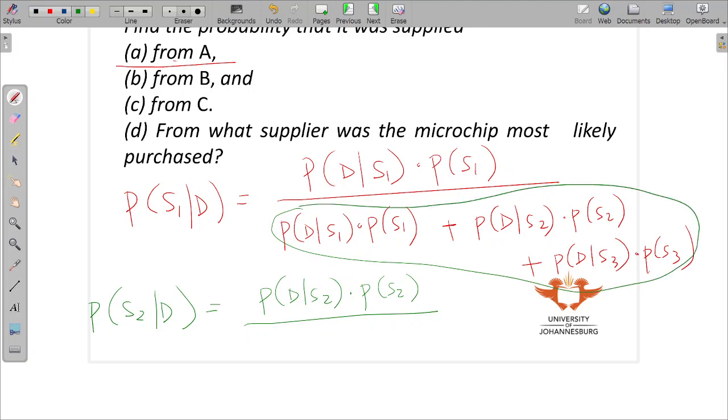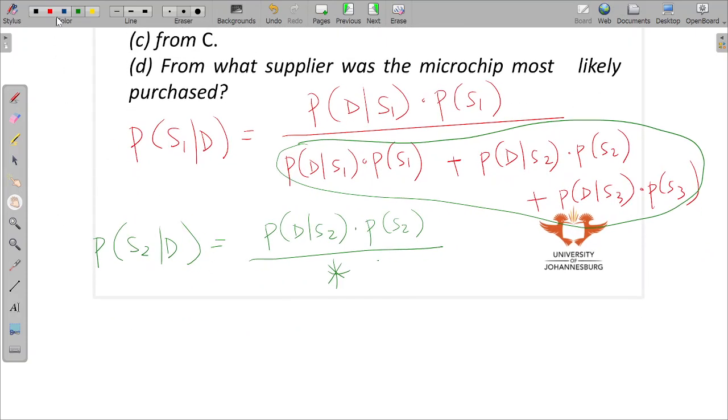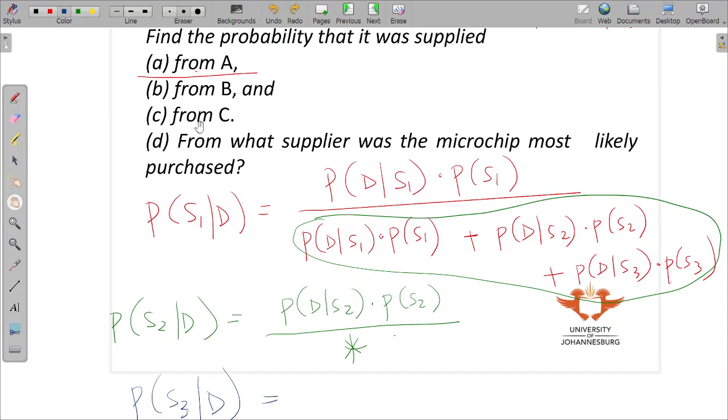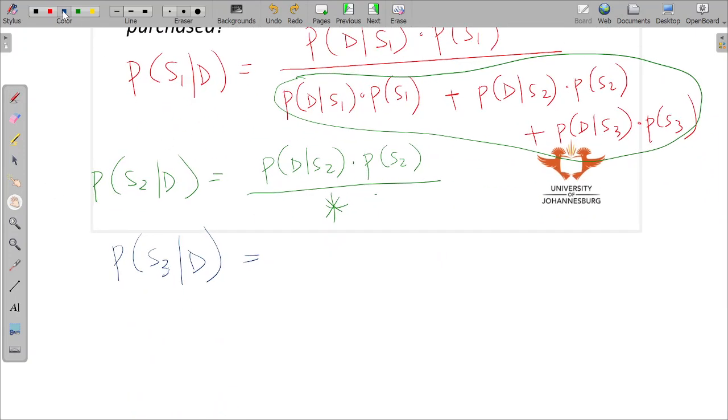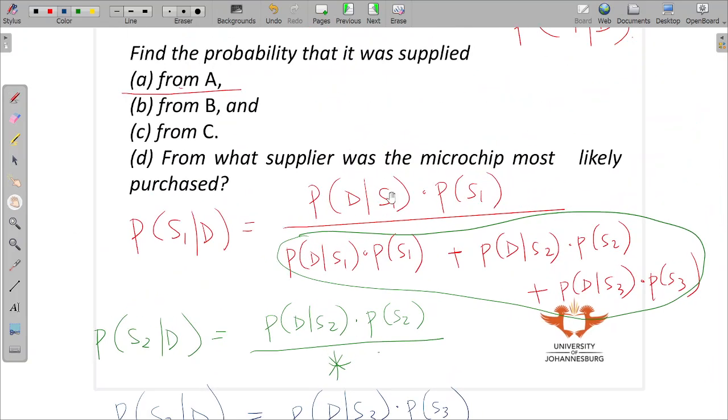That is the probability that it is from B. Then the probability that it is from C will become probability of D given S3 multiplied by probability of S3, all over the same denominator.